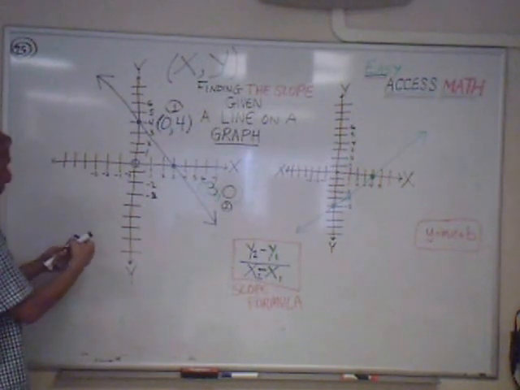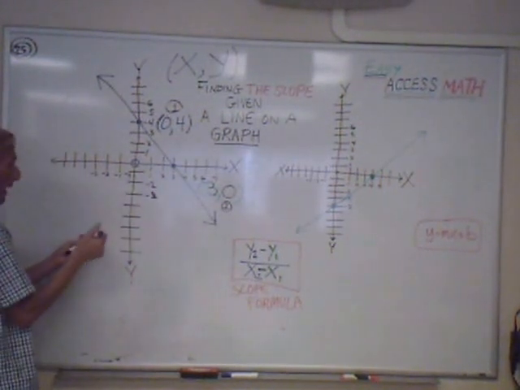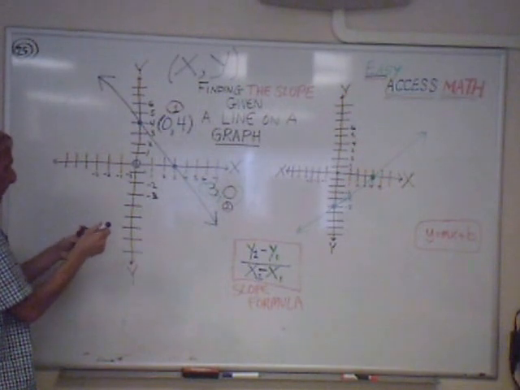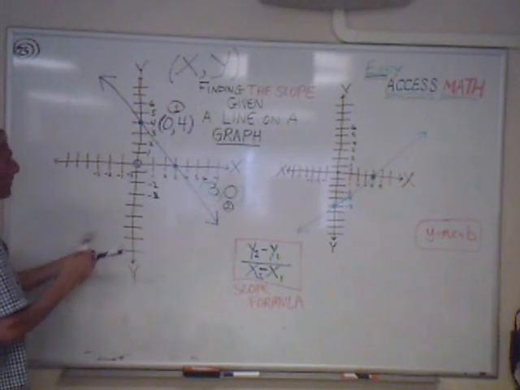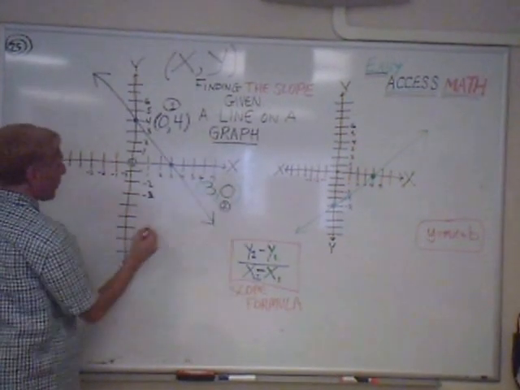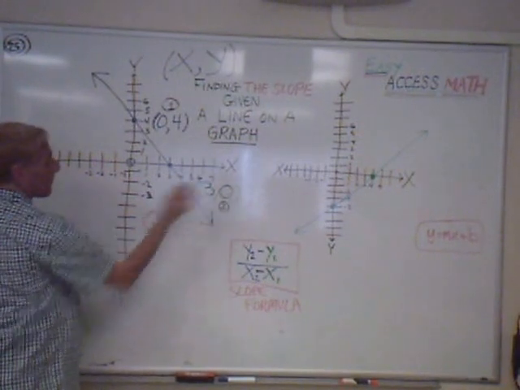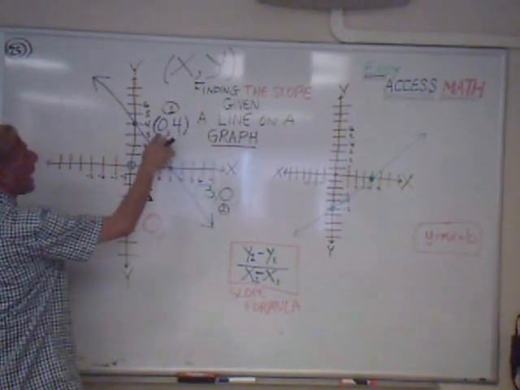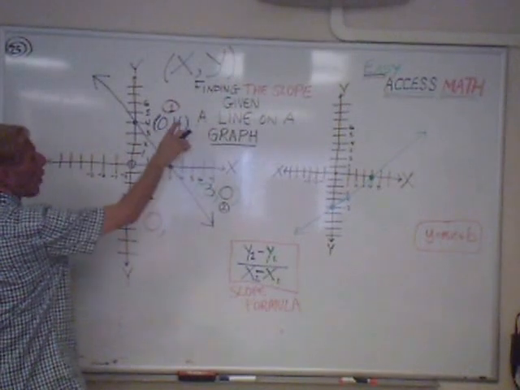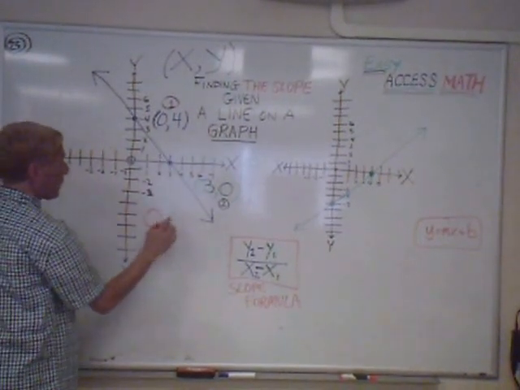y2, the second y, in this case, is 0. And y1 is 4.